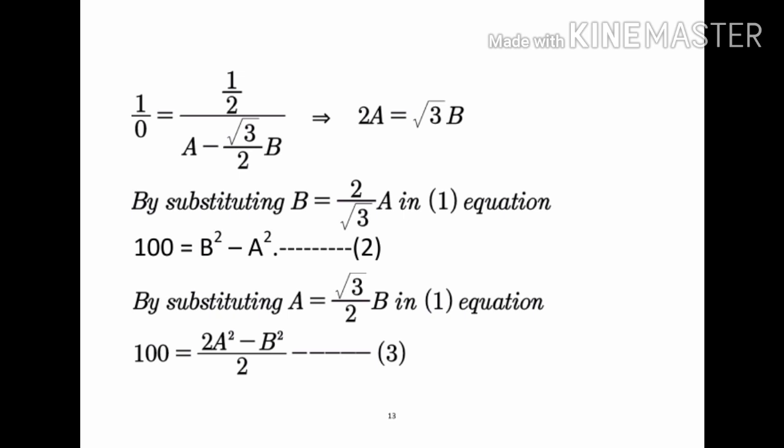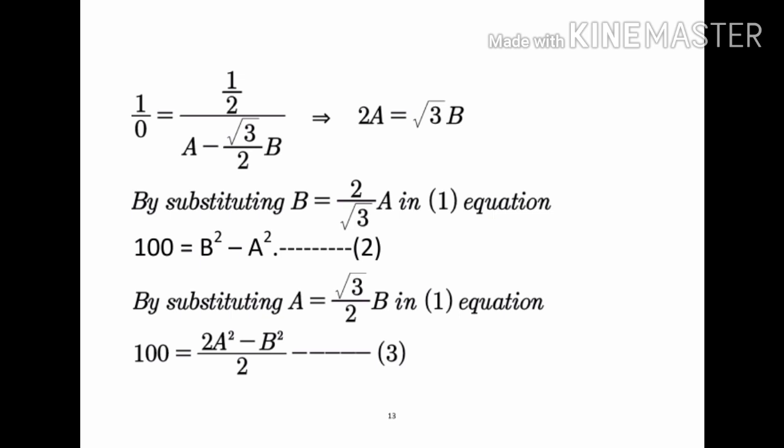So, by applying the values, 1 by 0 is equal to 1 by 2 B divided by A minus root 3 by 2 B. From that, you get 2A is equal to root 3 B. And from this equation, we get B is equal to 2 by root 3 A. It is substituted in the first equation. Then you get 100 is equal to B square minus A square. That is taken as the second equation.